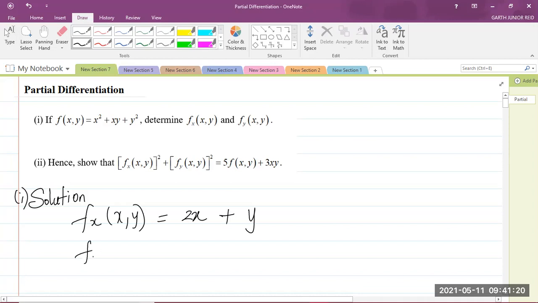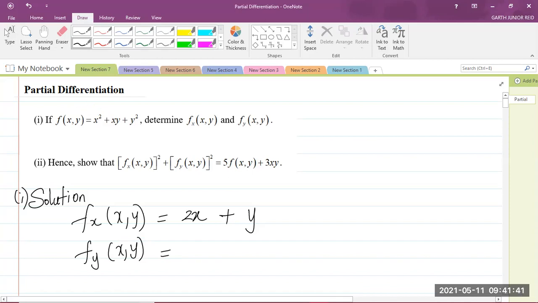Now we need to find the partial derivative of f with respect to y. So we're going to differentiate all the y terms with respect to y and keep x as a constant. So when you differentiate x squared, you should get 0.